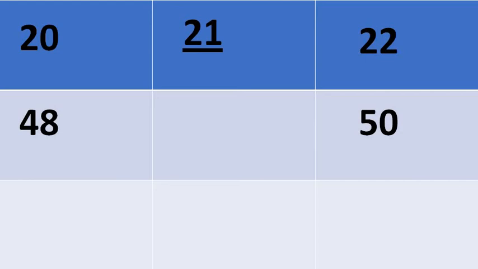Look, after 48 there comes 49. And again we have the number 50. After 49 comes 50, so before 50 there comes 49. After 48 there comes 49. So we can say that 49 is the between number of 48 and 50.